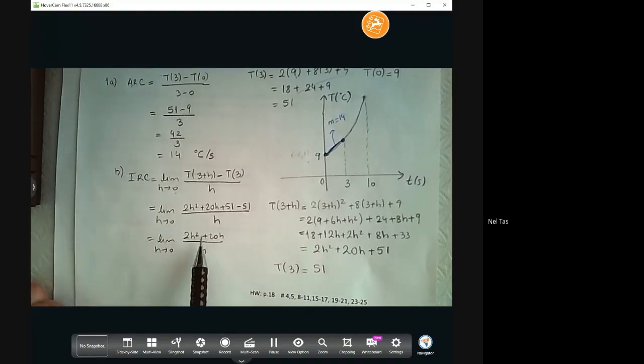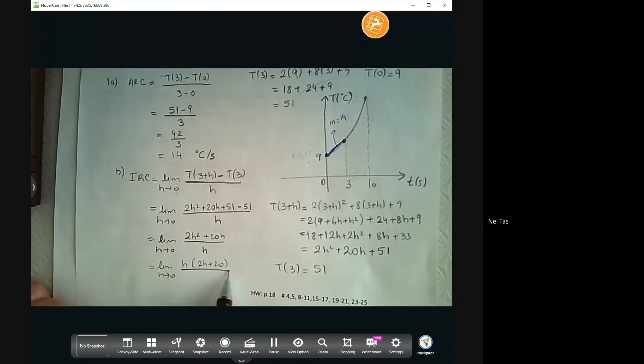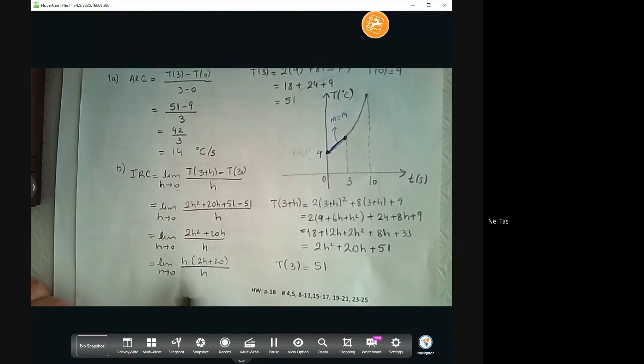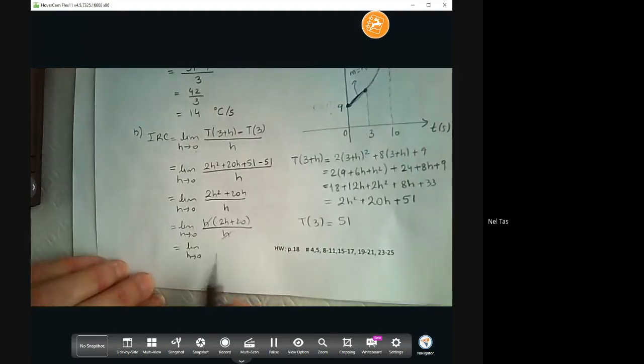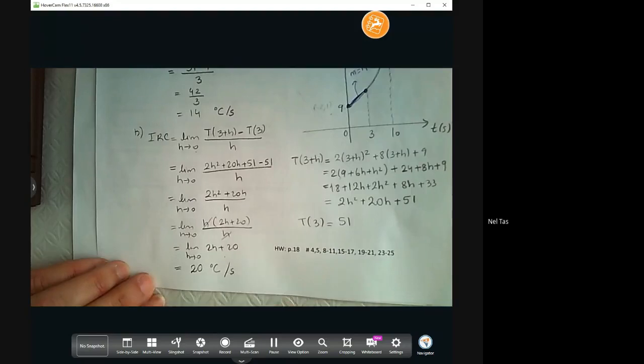So you have 0 over 0 here now, but looks like you can factor h and get rid of it. Okay, so h and h is gone. Limit as h approaches 0 of 2h plus 20. So substitute 0 for h now, you get 20 centigrade degrees per second.